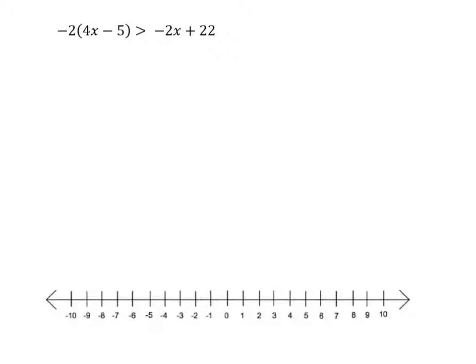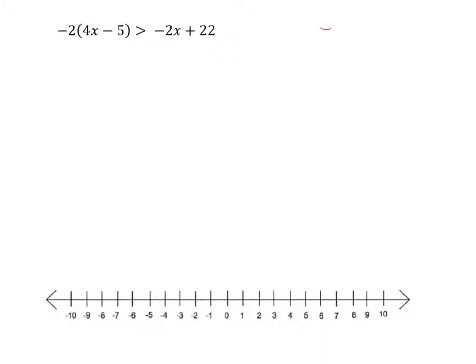Okay, I'm just going to gradually make these a little trickier as far as the solving process. The one thing that I didn't discuss, and it hasn't happened yet, and we'll see if it does, is the one thing you have to worry about on inequalities that's different than equations: if you are ever multiplying or dividing by a negative number in the process of solving.